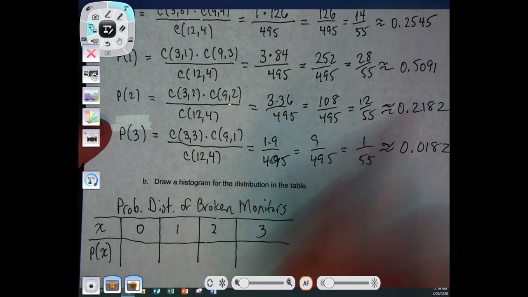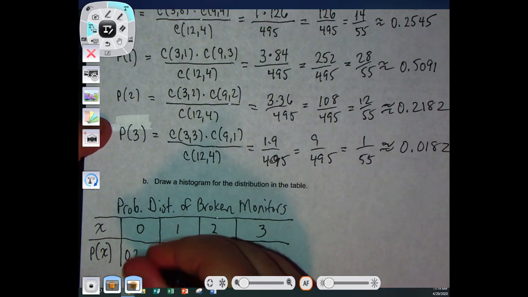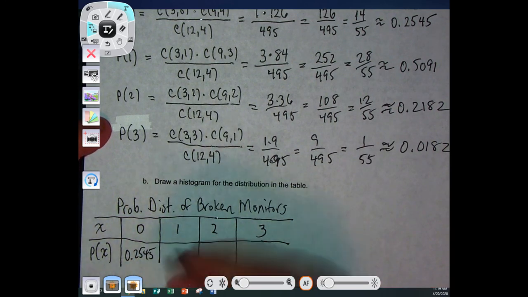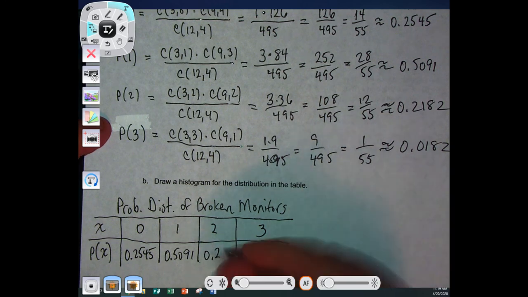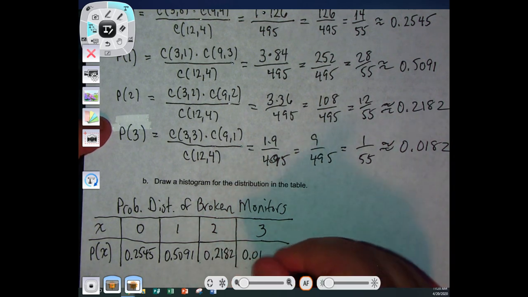The probability of 0 was 0.2545. The probability of 1 was 0.5091. The probability of 2 was 0.2182. And the probability of 3 was 0.0182.